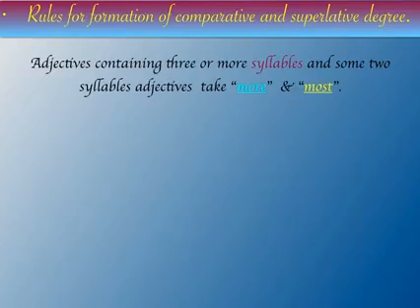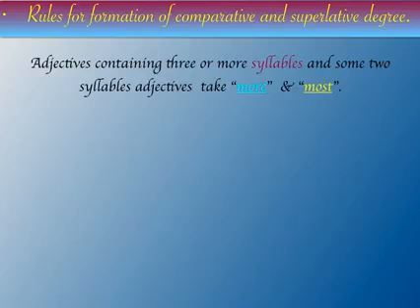Or for example, 2 syllable adjectives, careful. Here we have 2 syllables, care and full. That means we have 2 sounds. So when there are such words, we have to use more for comparative degree and most for superlative degree, because there won't be any changes in the adjective itself.